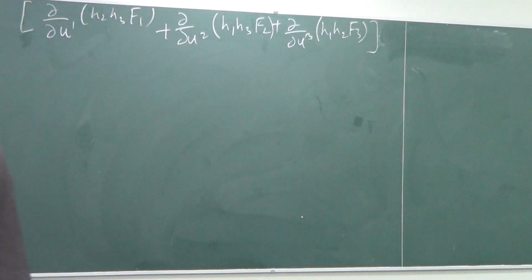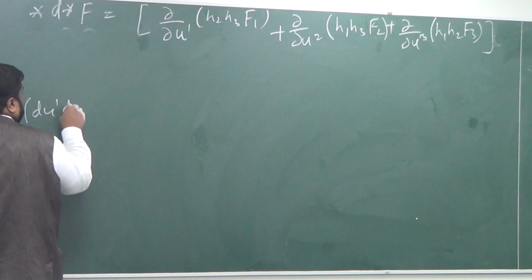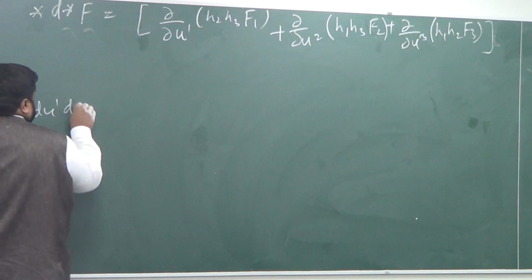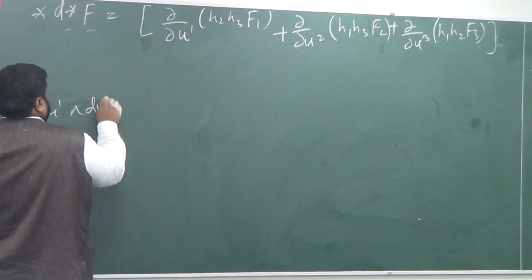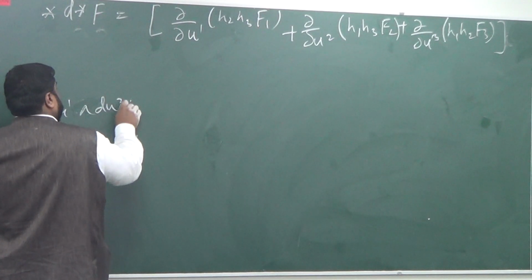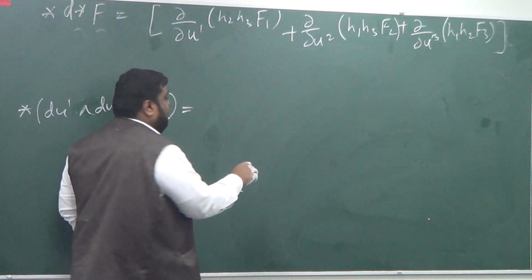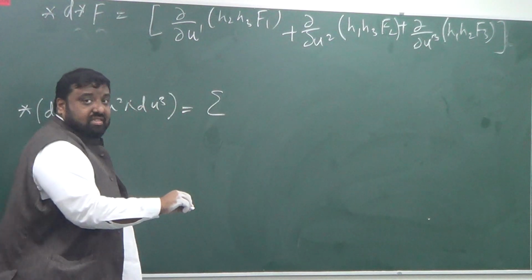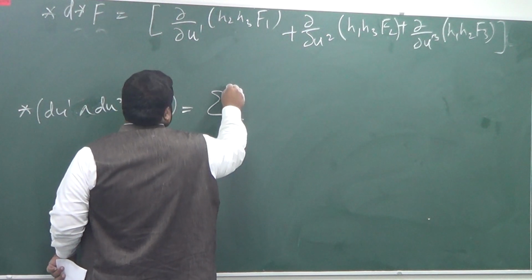So how can I have a star of du1? Okay, here du2 wedge du3. Remember, if I apply the definition, I'm going to get a star epsilon. Okay, and you're going to get all.